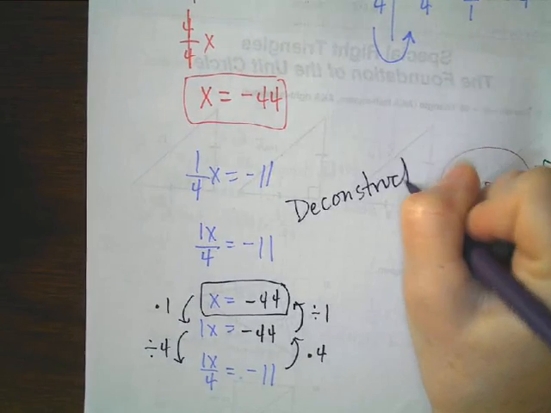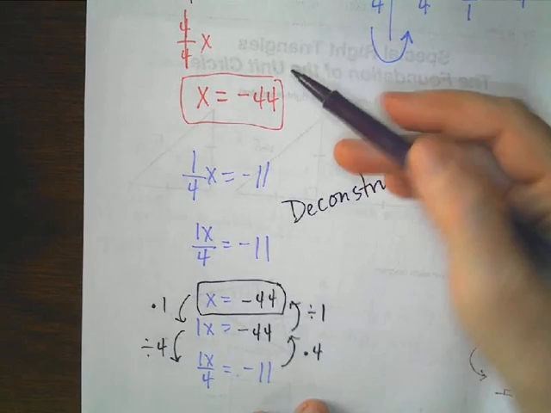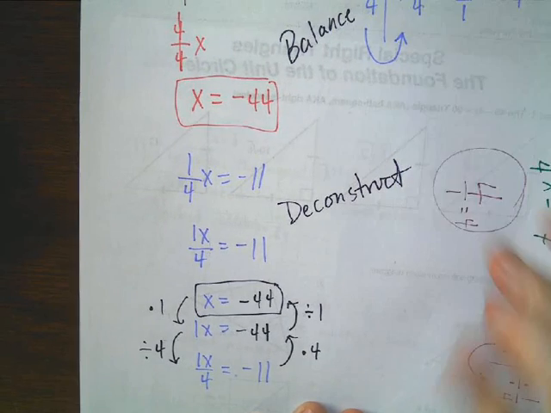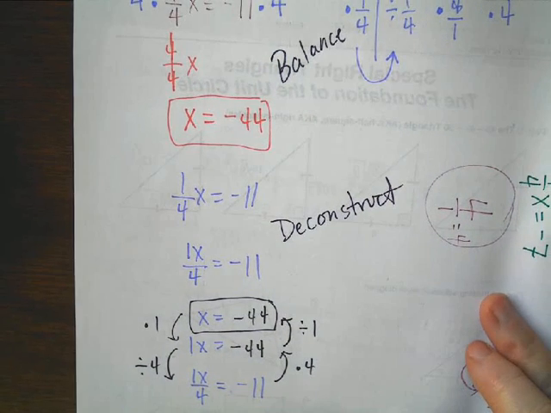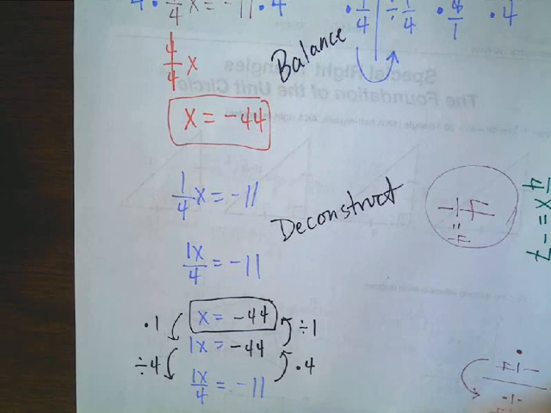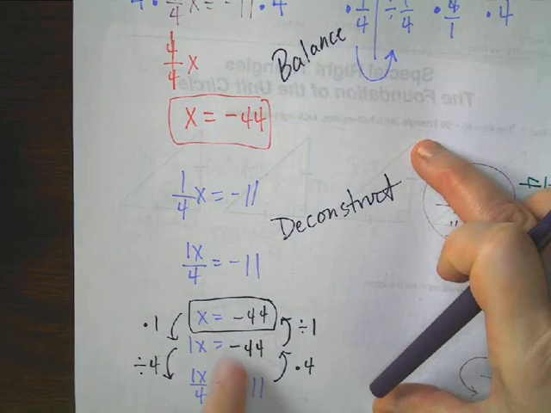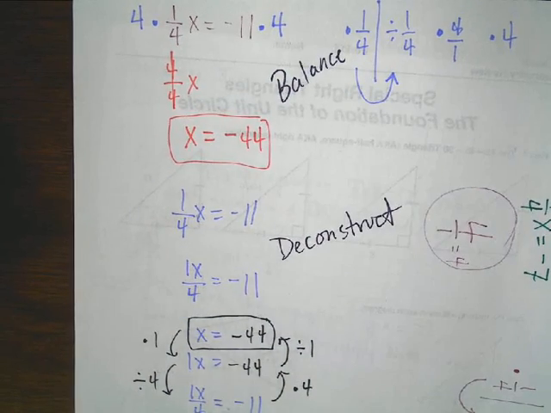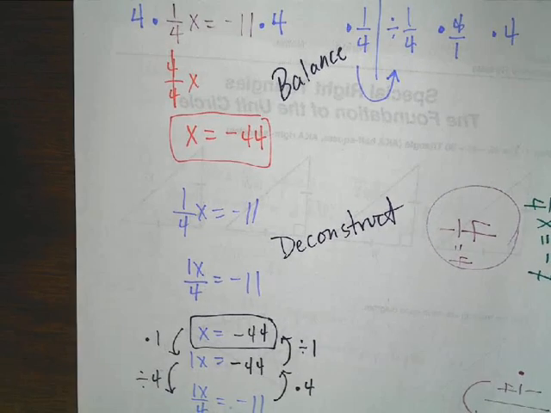So here I did it with deconstruction. And up here I did it with balance. You can see the balance method takes up a little less space. It's a little faster. But deconstruction gets the same answer too. So for today's Math Space assignment, you are going to be solving, and you get to choose.